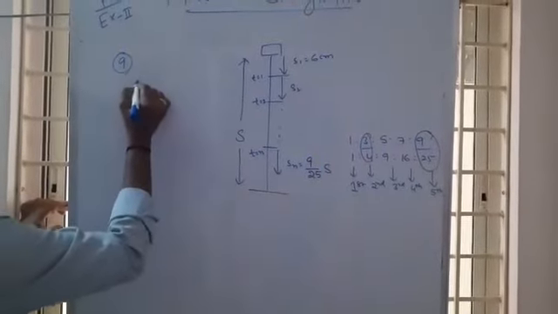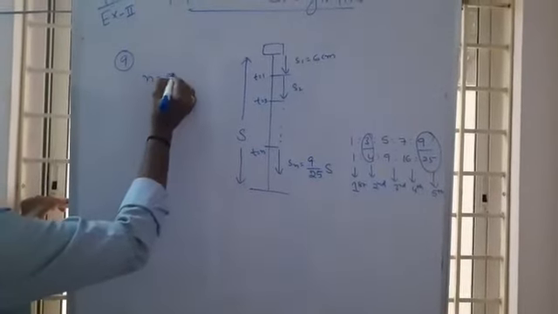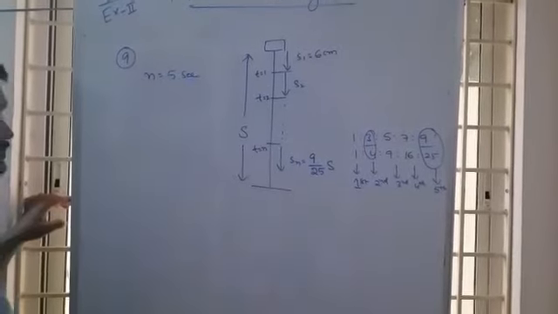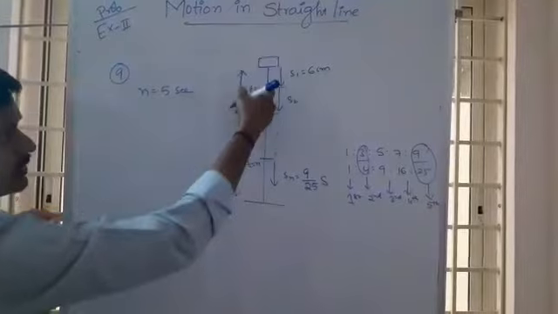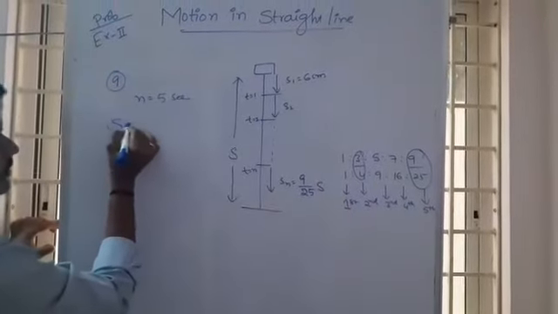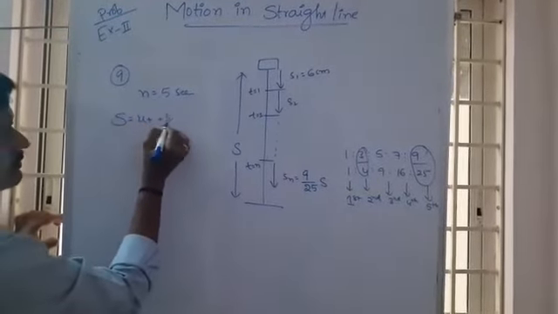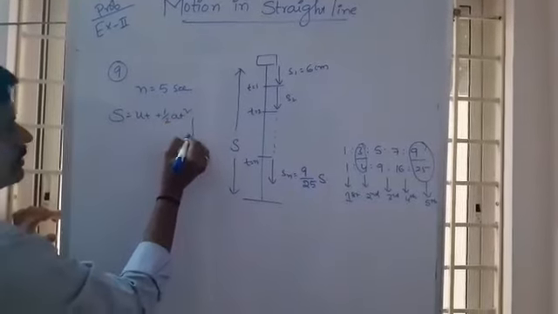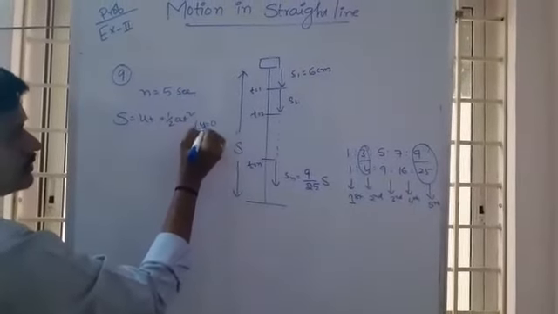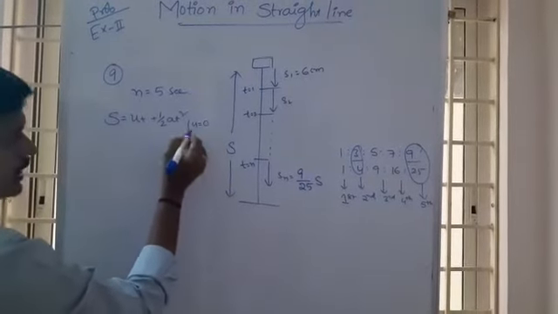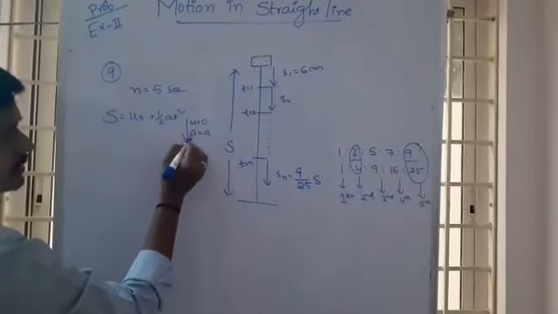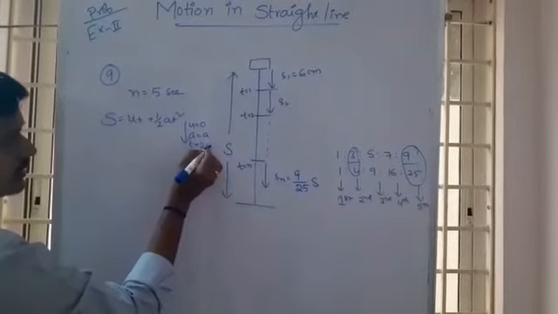Therefore the n value is equal to fifth. Then what is the acceleration of the particle in the first second? This is s equal to ut plus half at square, where u is 0, and t is equal to 1 second.